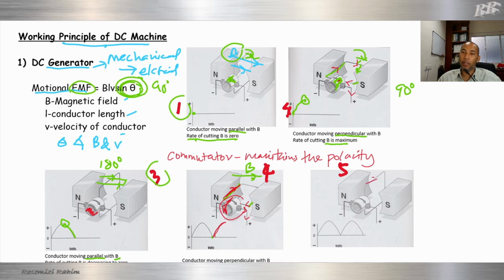So the movement V is parallel, the velocity of the conductor is parallel with B. So that means 0 degrees here. Sorry, this one is parallel, and this one is perpendicular. Parallel is 0 degrees, and 90 degrees is perpendicular.